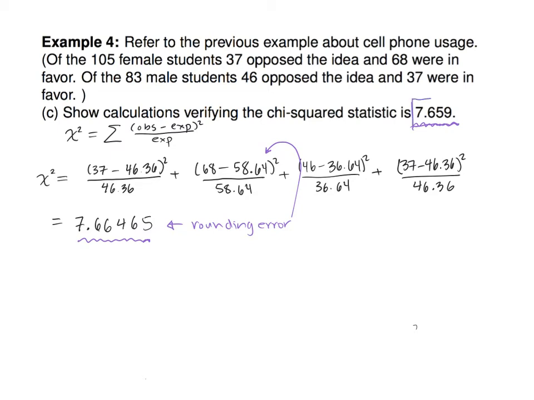So this number, the 7.659, was probably found using software, and that software probably retained lots of digits in its calculations, or kept things as fractions maybe. So in some ways it'd be nice for me to see that you got a slightly different chi-squared, because it tells me that you punched that number into your calculator correctly.